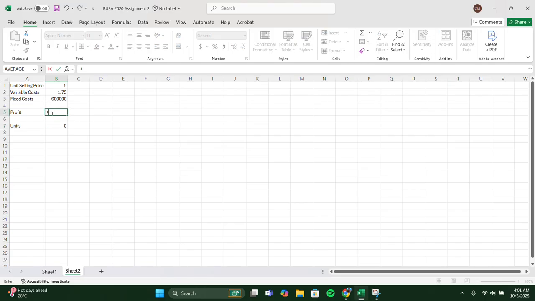So to set the formula, we're going to do selling price multiplied by units, minus variable cost multiplied by units, plus fixed costs, total variable cost plus fixed costs, which is 600,000. And set the profit.